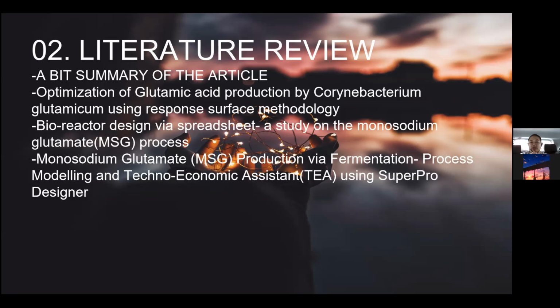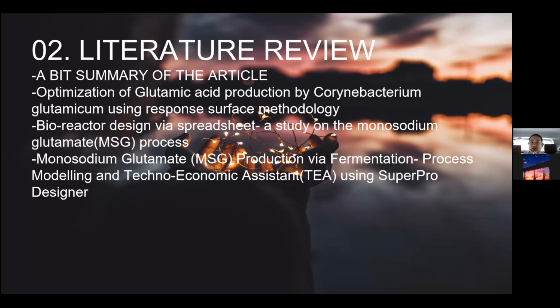So for the first article, optimization of glutamic acid, this article is talking about the importance of raw material to maximize the production of MSG or glutamic acid. The most important things in the production of glutamic acid are the carbon sources and the nitrogen sources.